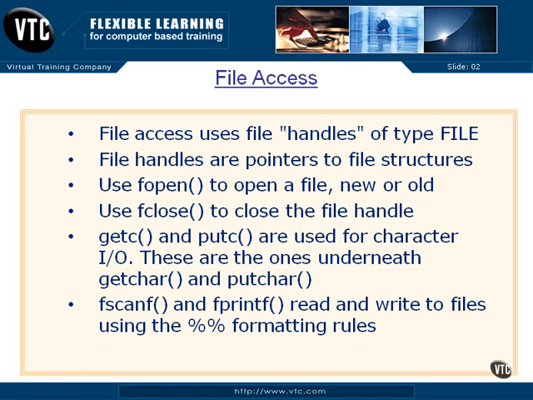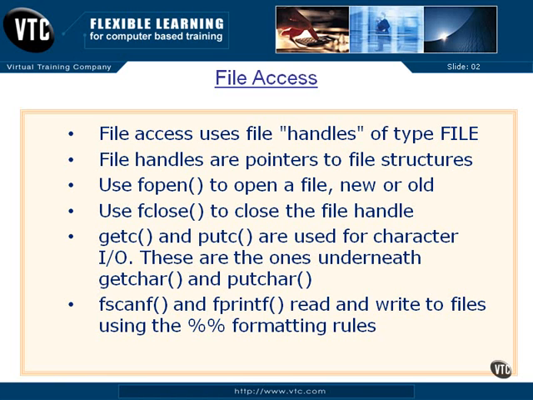You use a couple of different functions to go against files. fopen is used to open a file, whether it exists or not, a new or an old file. It will create a file if you open one that does not exist and you've told it that's what you want to do. Or fopen can be written in such a way as to open an existing file just for reading, for writing, for both, or appending to the file.